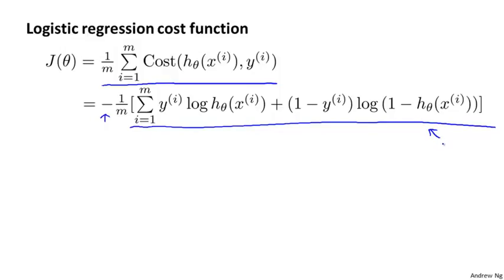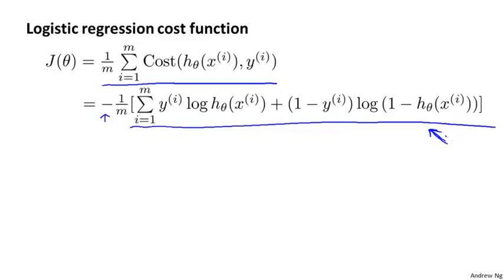It also has the nice property that it is convex. So this is the cost function that essentially everyone uses when fitting logistic regression models. If you don't know what the principle of maximum likelihood estimation is, don't worry about it. There's just a deeper rationale and justification behind this particular cost function than I have time to go into in this class.